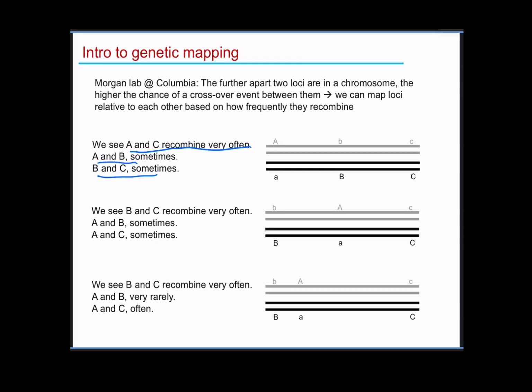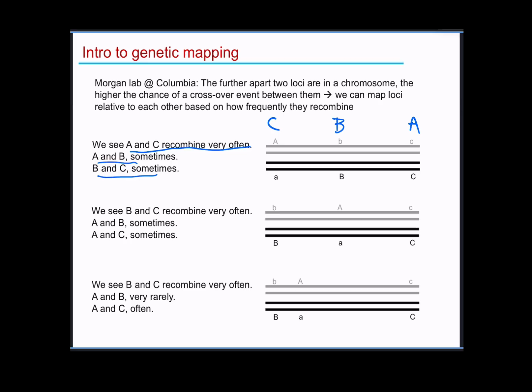So B could be in between A and C, right? But this same map could be C, B, A. And the recombination frequencies that you would observe for each of these pairwise calculations would be the same. C and A would still recombine very frequently, C and B only sometimes, B and A only sometimes.